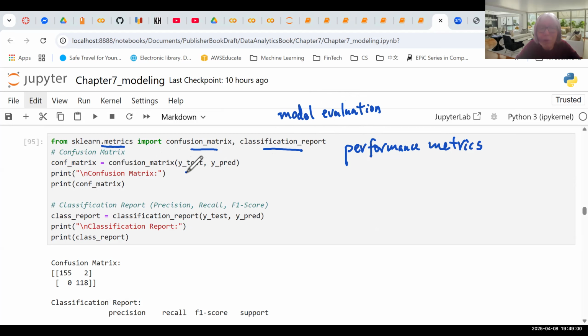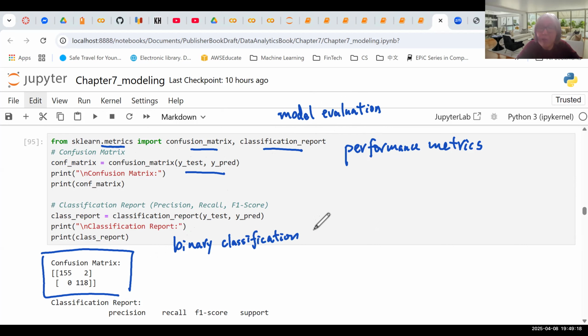For the confusion matrix, you just plug in the testing, the actual and the predicted. It looks like this. Because this is binary classification, which is either 0 or 1, the confusion matrix is 2 by 2.